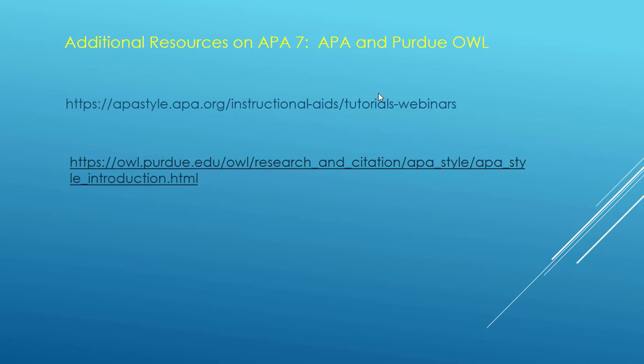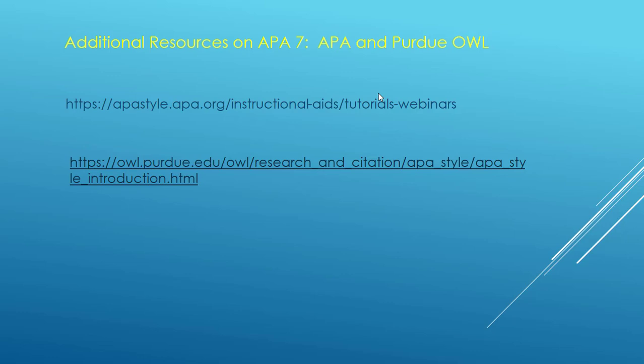So one of the things that is very valuable with Purdue OWL relates to the fact that we're still in transition to APA 7, and that means that the databases the library uses, those citation generators, are still being updated. So through Purdue OWL, students can look at the resource they want to use, and they can see examples and templates of what a citation for that particular resource should look like.